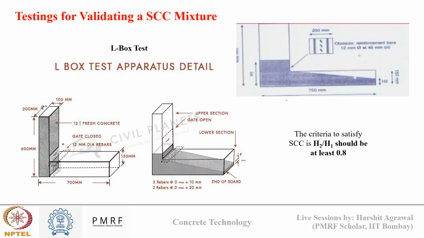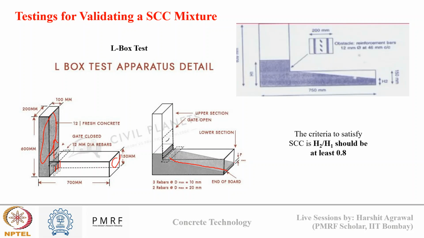Then there is the L-box test, which is again similar to the U-box test. Here we have filled the concrete. Here there is a gate which has 12 mm diameter rebars, which will provide an obstacle for concrete flow. Once we raise the gate, we'll see how much concrete is flowing up to this side.